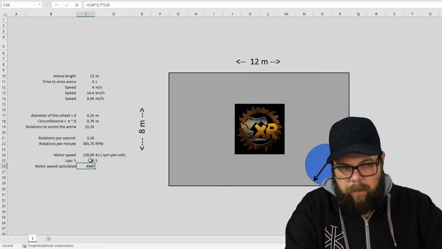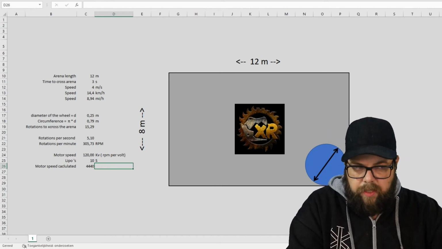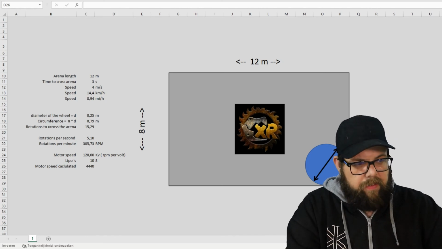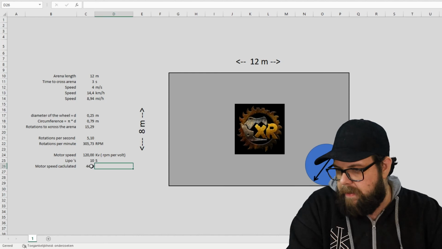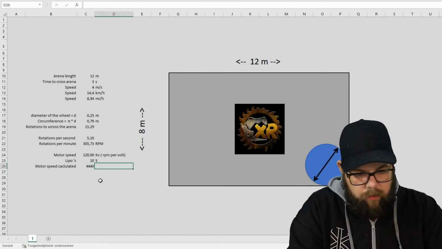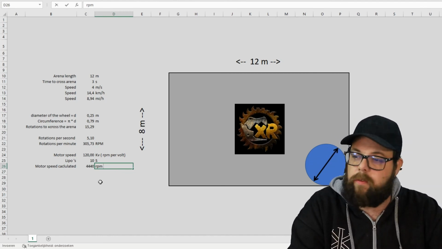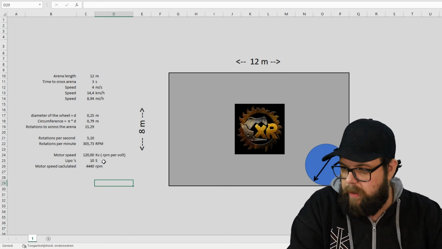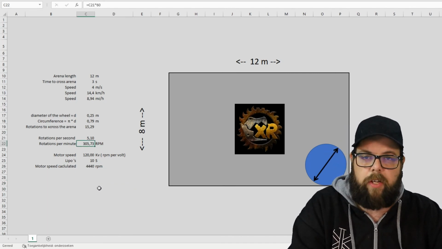And now we know if our motor is given 10S and it spins at full speed, the total RPM is 4,440 rotations per minute. And that's too fast because we need 305 rotations per minute.